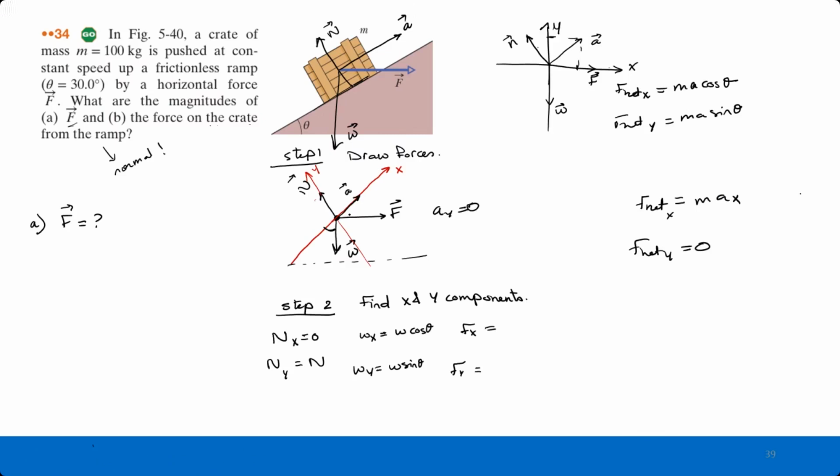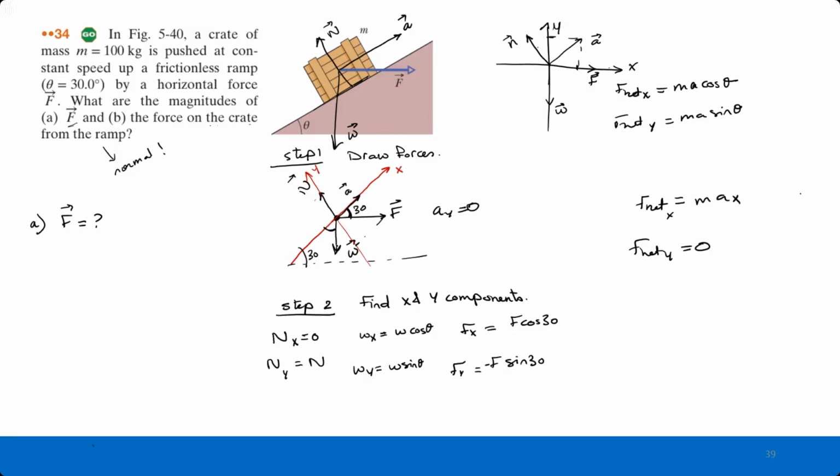Notice the applied force is over here. The angle it makes is this one. I'm given this angle to be 30. It's also 30 because these are alternate interior angles. So Fx is F cosine 30. Fy will be F sine 30. Notice how Fy is in the negative side of the y-axis, so I'll plug a negative sign.